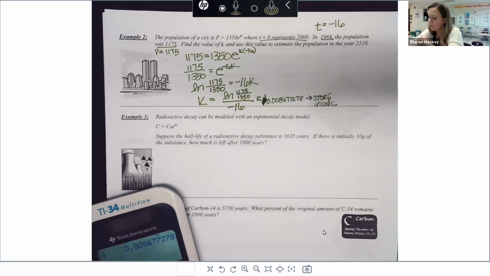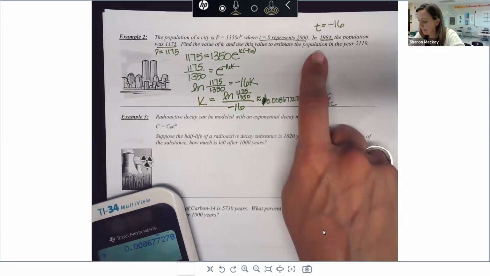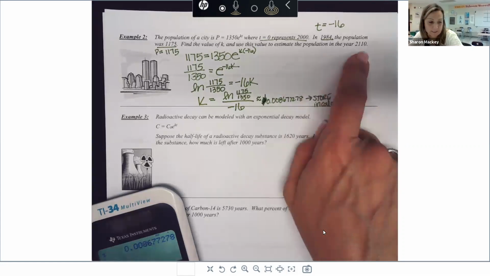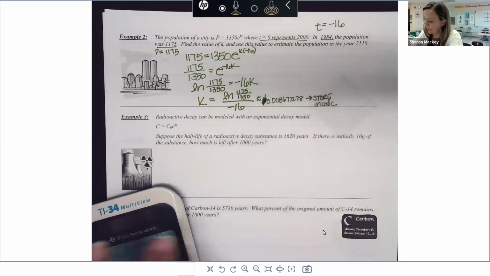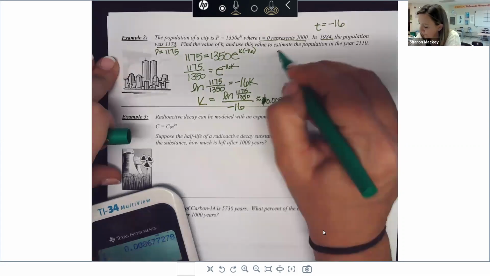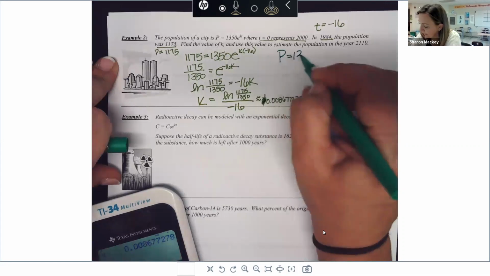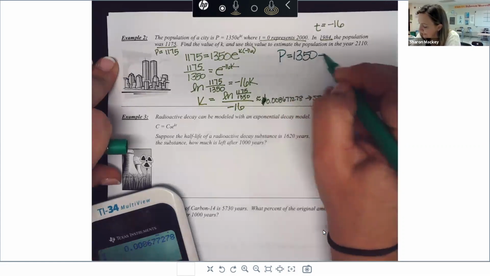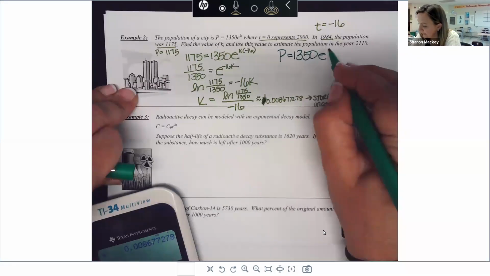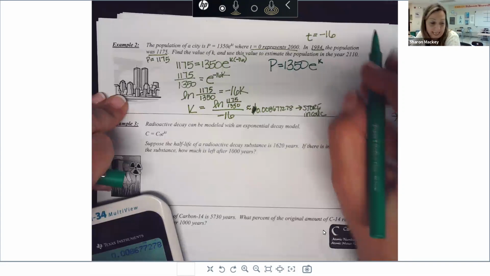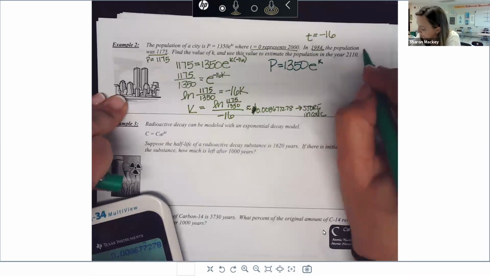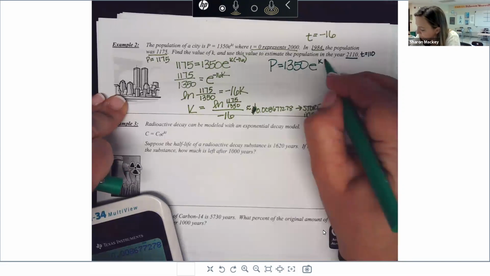Okay, so now we're going to use this value to estimate the population in the year 2110. So we knew that our equation was P equals 1350 e to the K times T. And in 2110, notice that this is telling us that our T value would be 110 years.